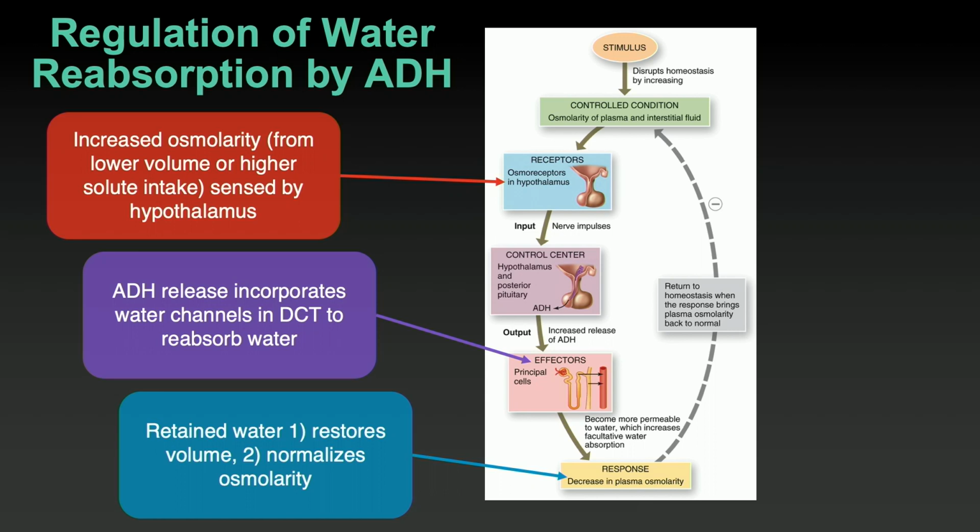Now I want to propose a scenario. So this outlines what happens if blood volume is too low. This is one of the elements that would happen if blood volume is too low or blood concentration is too low. We sense that we need to reabsorb water somehow. How do we get this response? How do we integrate this response from a larger whole body point of view?